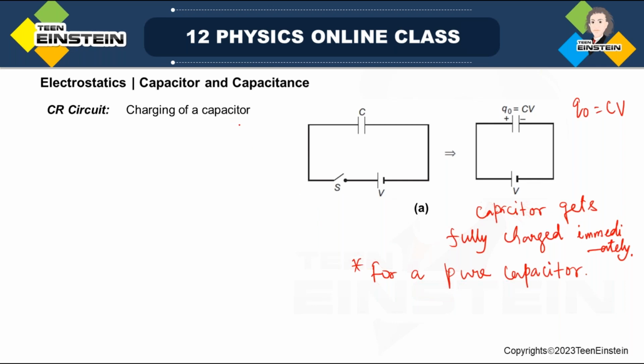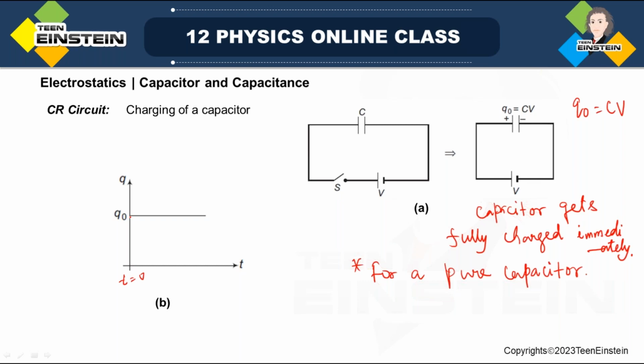Now charging of a capacitor through a CR circuit we will see. In this case, if I draw the charge across the capacitor plate with time, how does it look? It looks like this. This Q0 is a constant charge, and as soon as you switch on, in no time, at t equal to 0 itself, it becomes Q0.